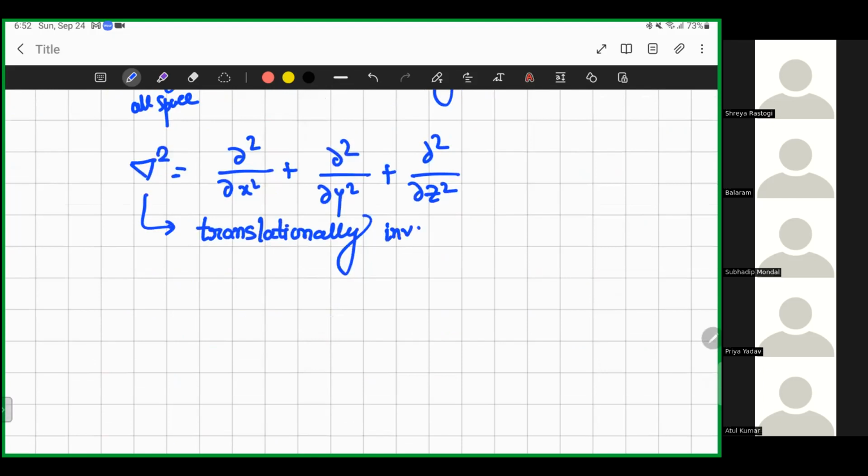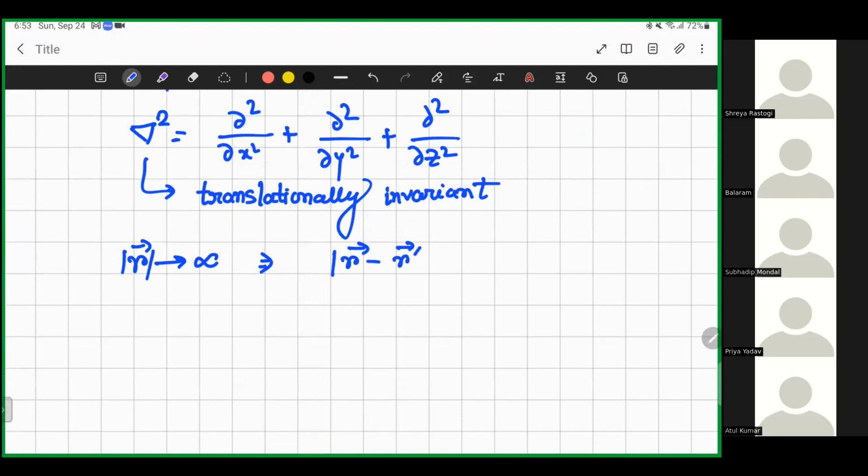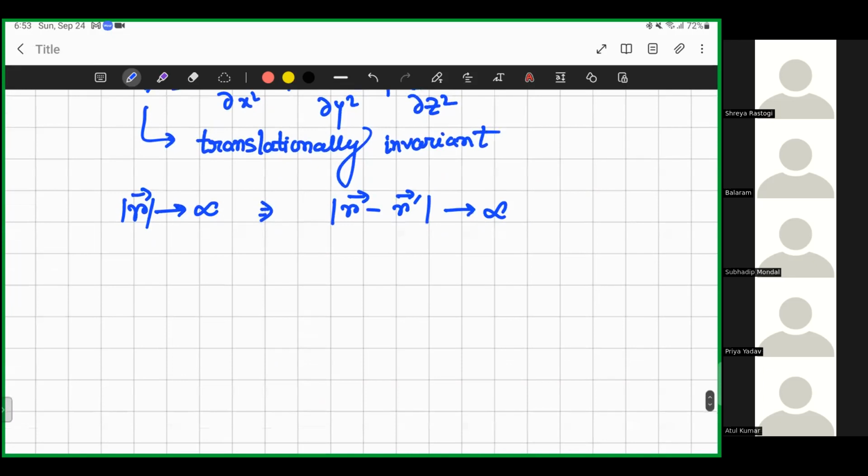So this is translationally invariant. What we can write from here is that if r tends to infinity, then this scalar part also tends to infinity. So we can make a variable shift from r to r minus r prime.